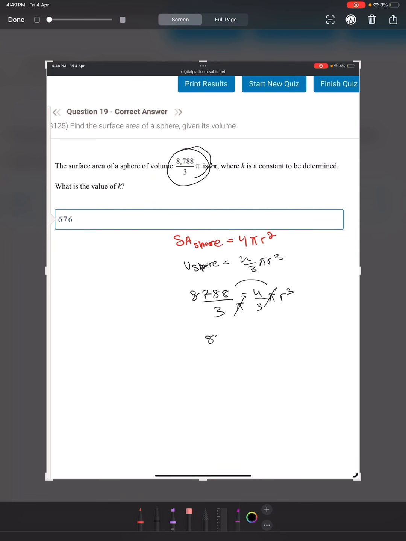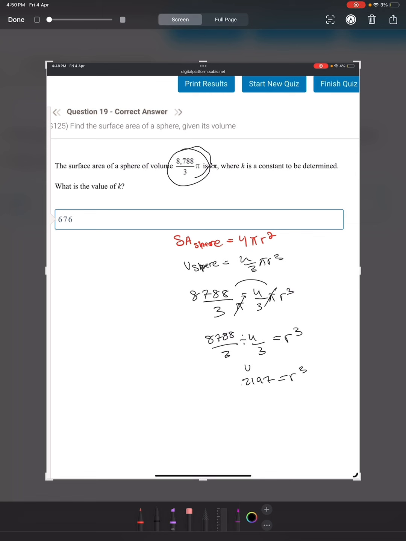You get 8788/3 divided by 4/3 equals r cubed. You do that. 8788/3 divided by 4/3, you get 2197 equals r cubed.